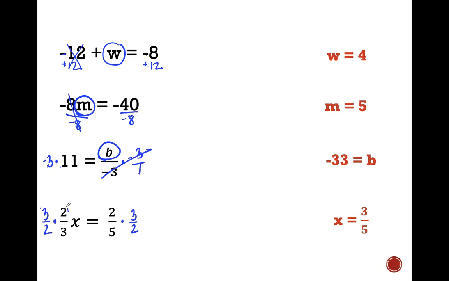Multiply by the reciprocal of this number right here next to the x. So we flip 2 over 3 and multiply both sides by 3 over 2. So the 3's cancel, the 2's cancel, x is left, and then on the right we can actually cross simplify the 2's, leaving just 1 times 3, which is 3, and 5 times 1, which is 5.